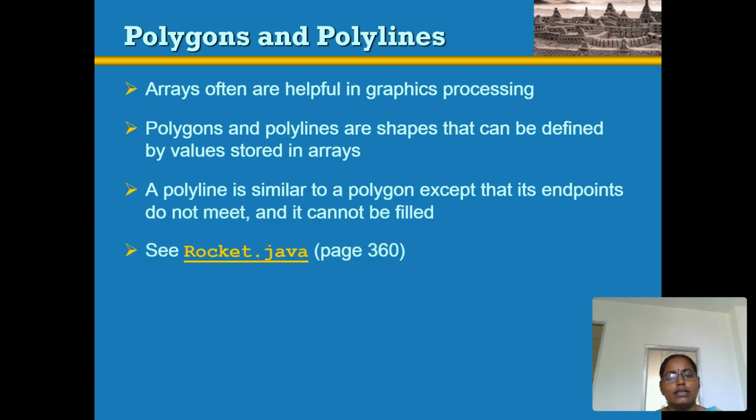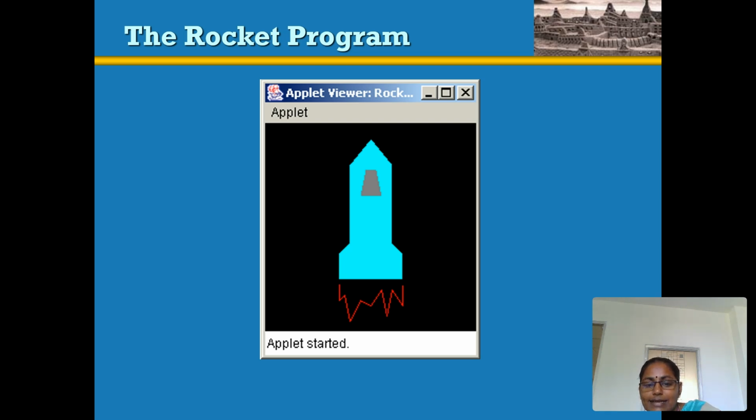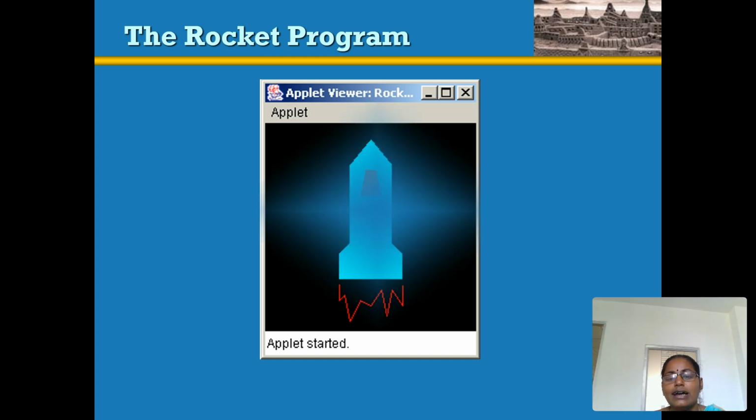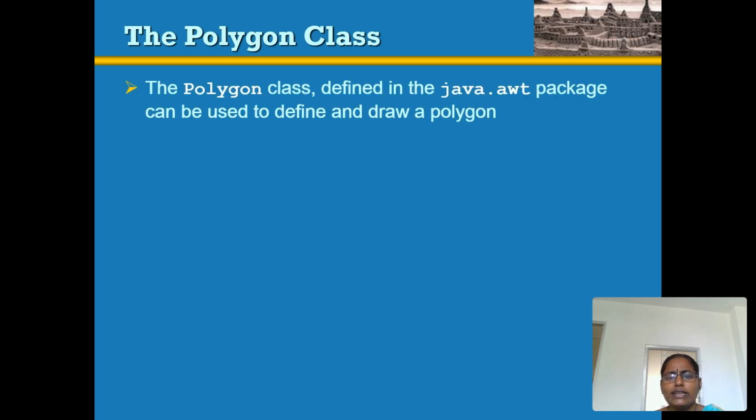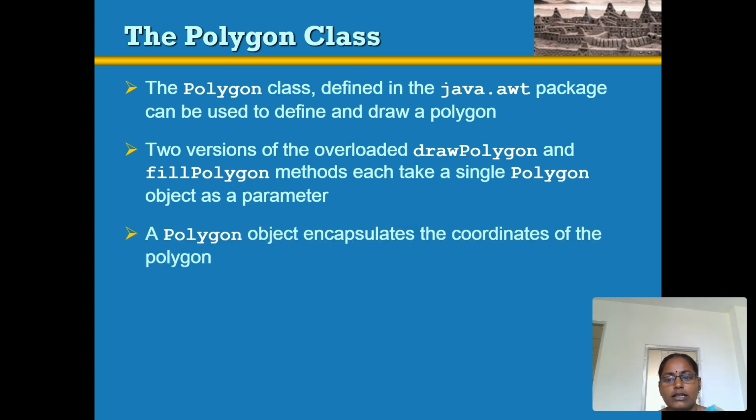These are graphical processing tools used with arrays. A polyline is like the red line shown on a satellite or rocket display. Polygon and polyline classes are stored in the java.awt package, which provides the drawPolygon and fillPolygon methods. drawPolygon is used for drawing a shape, and fillPolygon is used to fill that particular shape with colors. Then we pass objects as parameters to the Polygon class.